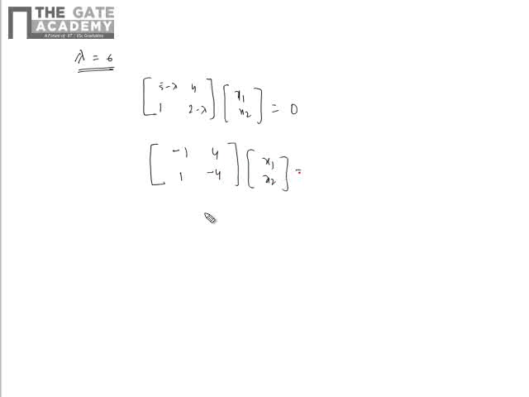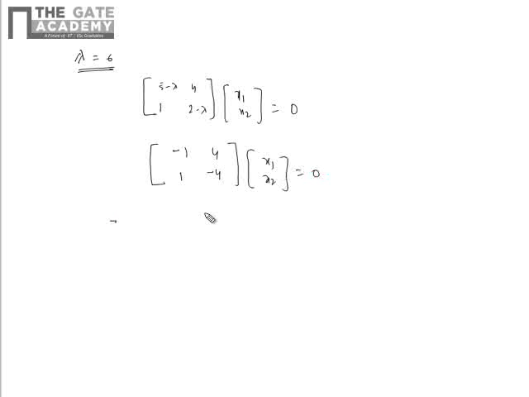Now substituting in that expression, that is, 5 minus lambda, 4, 1, 2 minus lambda, times x1, x2, is equal to 0. If you substitute lambda equal to 6, you will get minus 1, 4, 1, minus 4, and x1, x2 is equal to 0.